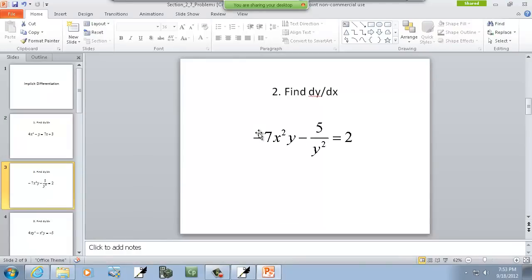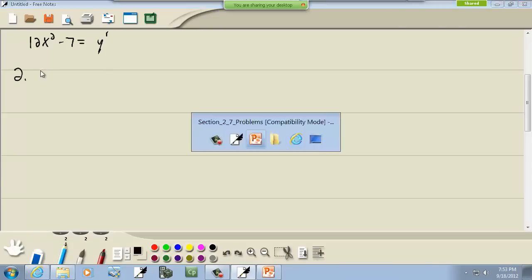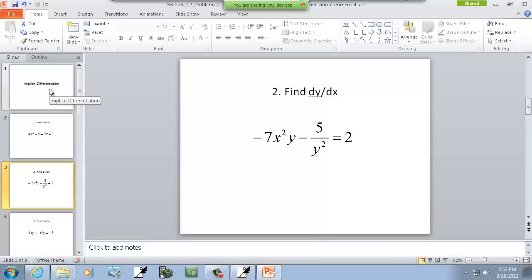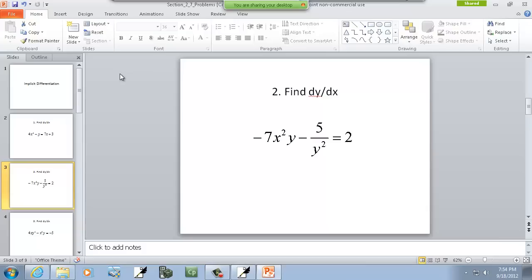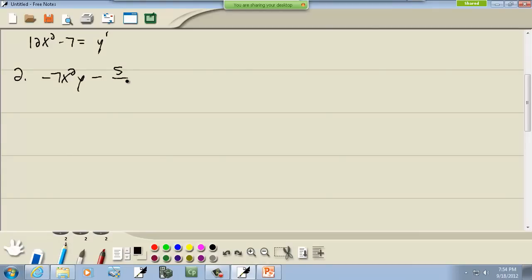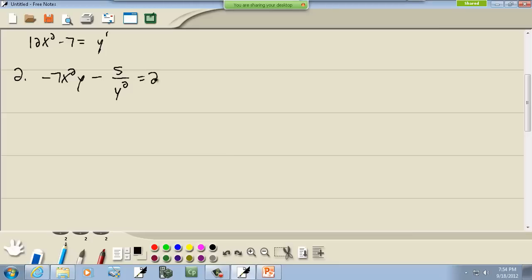Let's take a look at our second example, though. We've got negative 7x squared y minus 5 over y squared equals 2. Well, this, I have no clue how we'd solve for y.